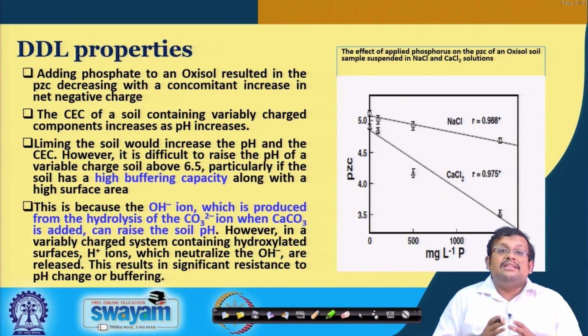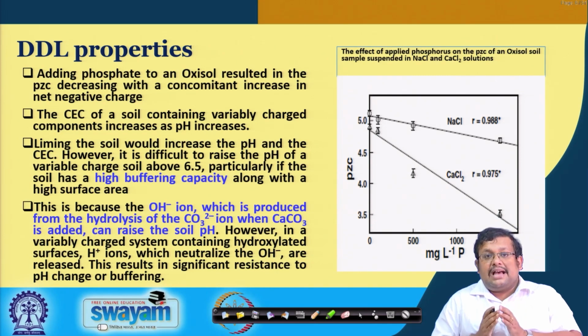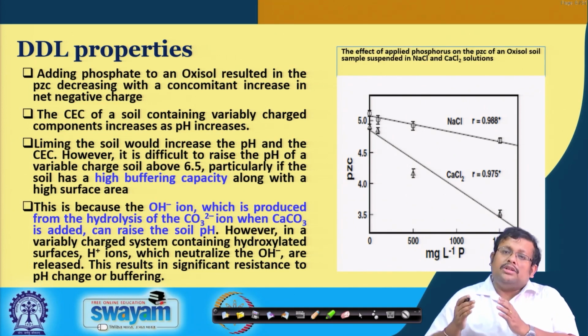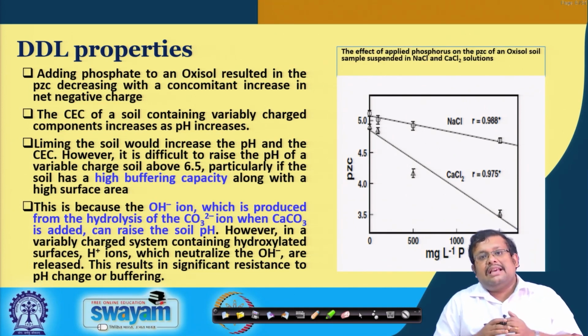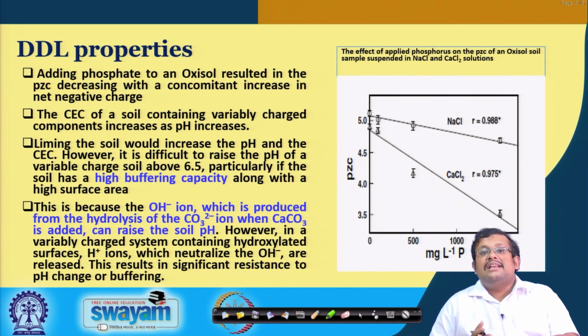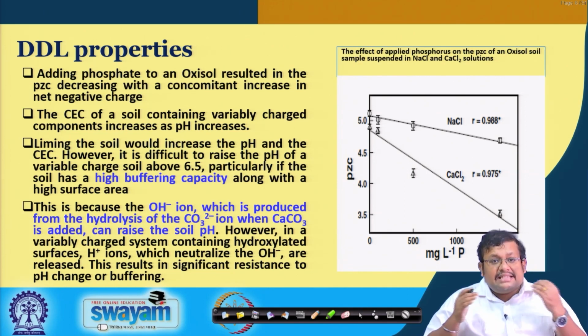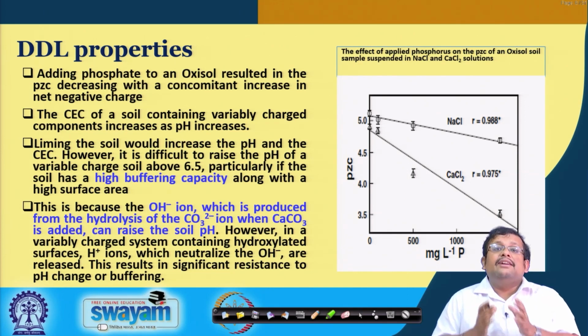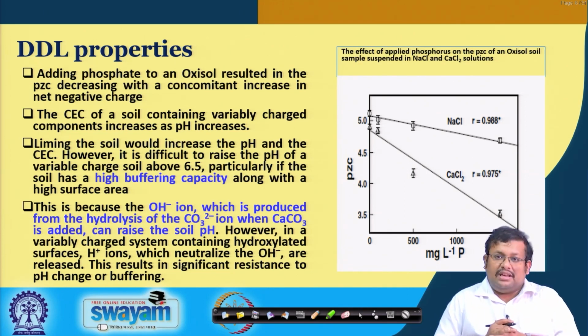However, in a variably charged system containing a hydroxylated surface, the H plus ion which neutralizes the OH minus ion is released. So, although the production of OH minus ion can increase the pH, the H plus ion or proton present in the variable charge surface can neutralize these hydroxyl ions, and as a result there is a significant resistance to pH change, or buffering.